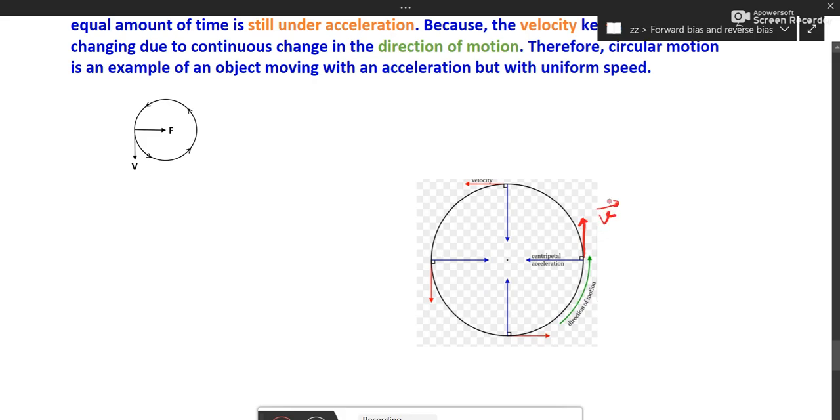Velocity is direction. Here at this point, this is the tangent. So the direction of the object is changing, that is the direction of velocity is changing, that is velocity is changing. So if velocity changes, then acceleration will be there. So yes, acceleration is there, but the body is moving with fixed speed, not velocity.